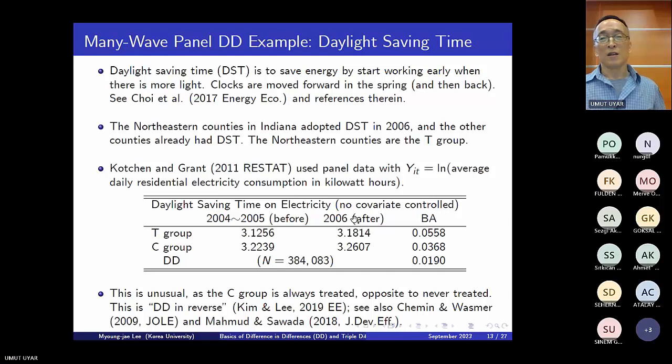So treatment is adopted in 2006. So this is after, this is before. And electricity consumption went up by this much. That's what the T group BA shows. But if you look at the C group, the other counties who already adopted DST, their BA is this.